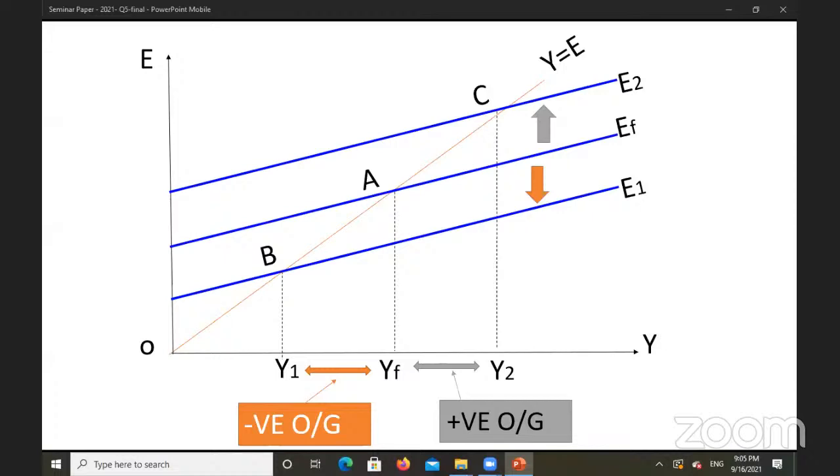It is given below. These 3 output gaps in the Keynesian cross diagram. Right, draw the diagram.